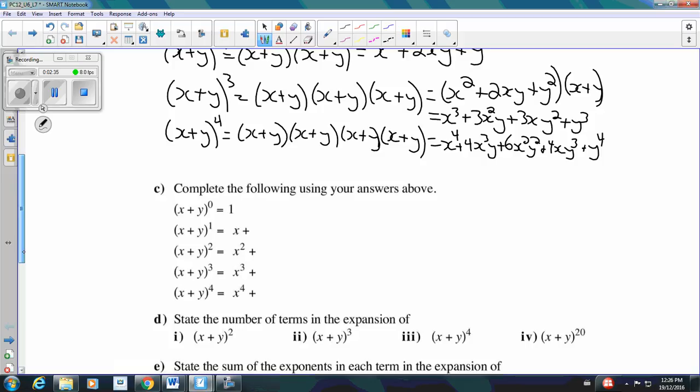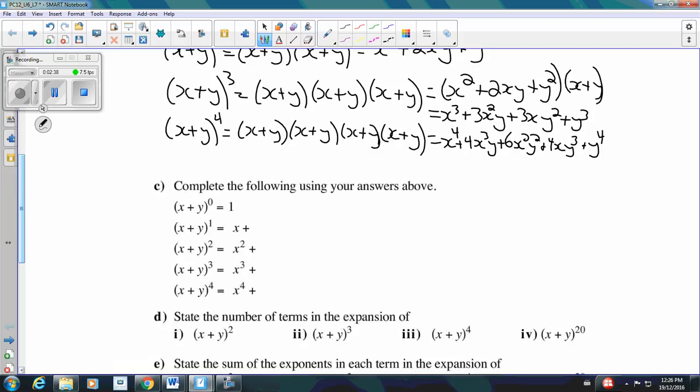So complete the following using the answers above. So we have x plus y to the power of 0 is 1, x plus y to the 1 is x plus y, x plus y squared is x squared plus 2xy plus y squared. X plus y cubed is x cubed plus 3x squared y plus 3xy squared plus y cubed.